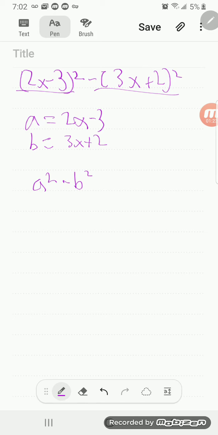On this step, a squared minus b squared basically means a minus b and a plus b. The reason for this is the perfect square rule. We're using the perfect square rule to factor these u substitution questions out.